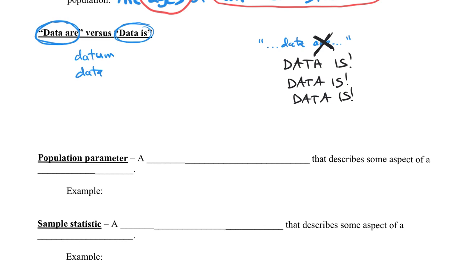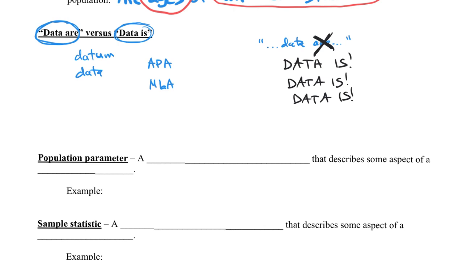If you are on team data are, you can cite the APA style guide, which will support your claim. That suggests that we should use the phrase data are. But if you are on team data is, you also have a powerful ally on your side, which is, I believe, the MLA, which is another one of the guides, and that one mentions that either is okay.